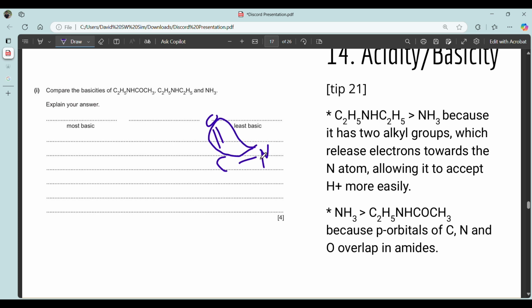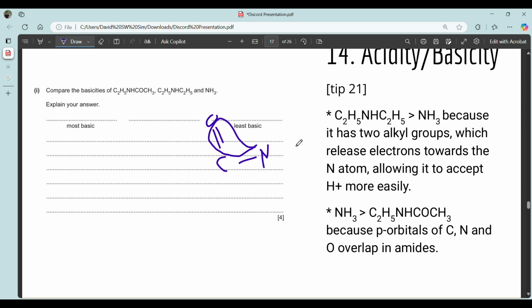So the electrons on N don't stay on N, they move around here. This causes the negative charge on N to be lower. So when the negative charge on N is lower, it becomes less electronegative. So it does not accept H+ as easily, so it's a weaker base.